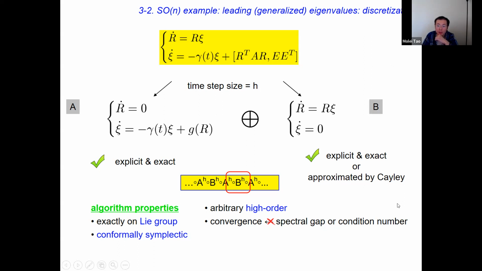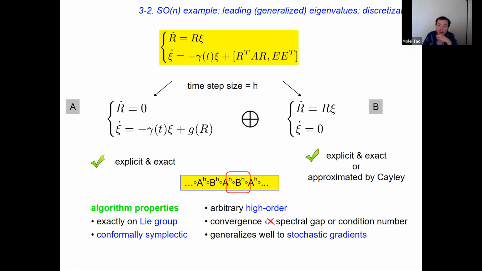And condition number also comes into play very often. The convergence of this algorithm is independent of these things, at least not directly. The reason is because if you add any constant diagonal matrix to A, you shift all the spectrum, but it doesn't change this dynamics. This constant will just drop out after you take this matrix commutator. So you have very robust convergence.